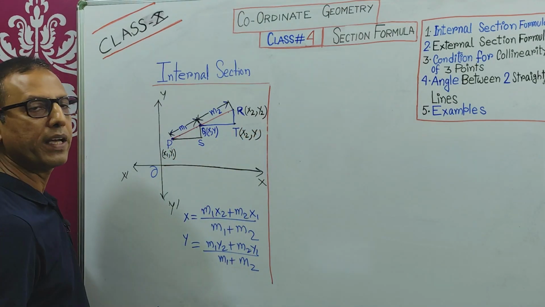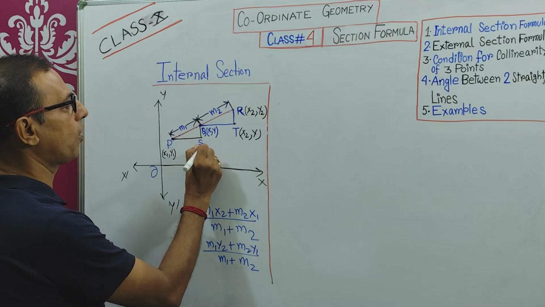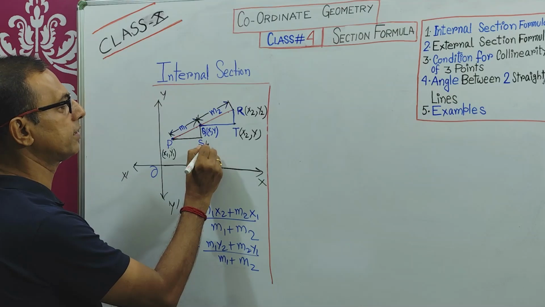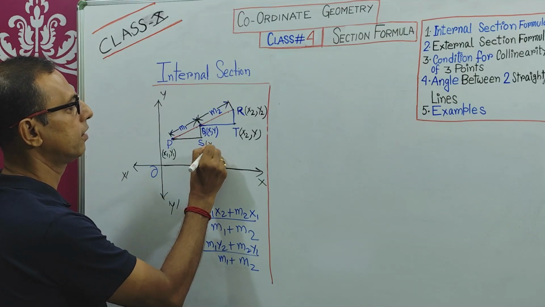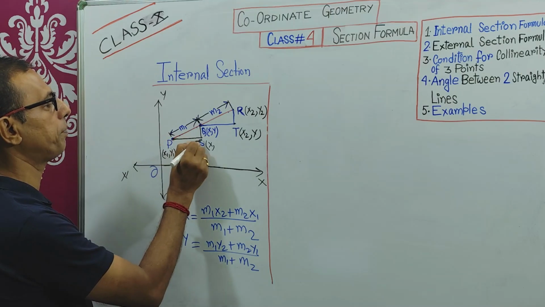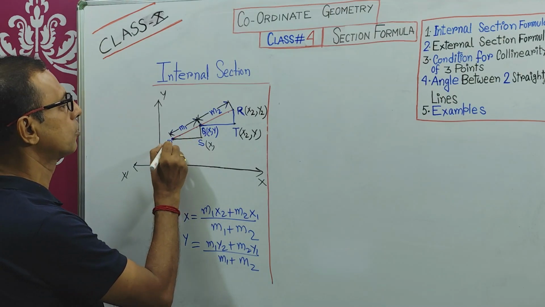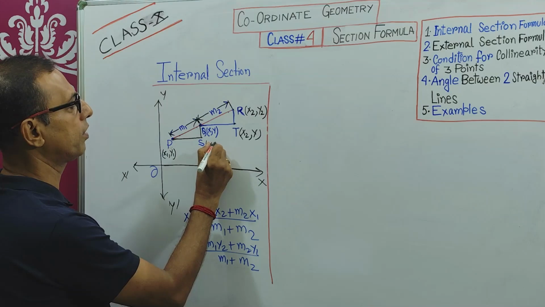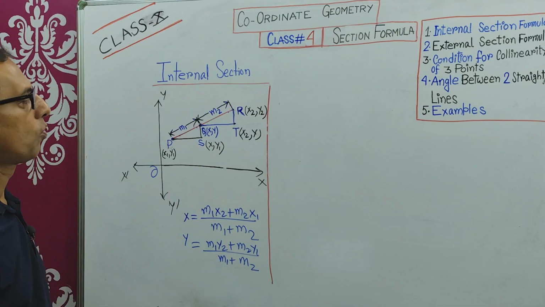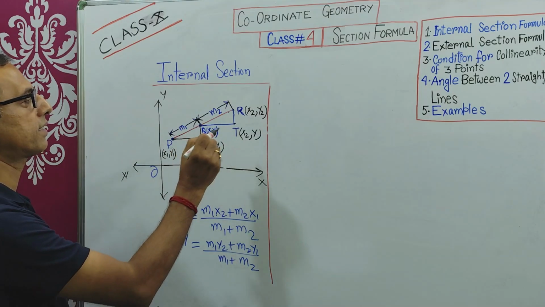What will be the coordinate of S? The abscissa of S will be the same abscissa as Q, that is x, whereas the y coordinate will be the y coordinate of point P, because PS is parallel to the x-axis, that is y1. So now you have the coordinates of these new points S and T.